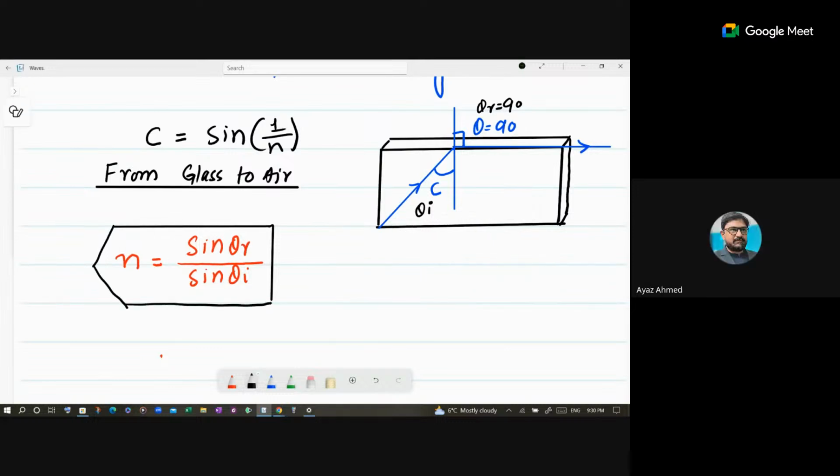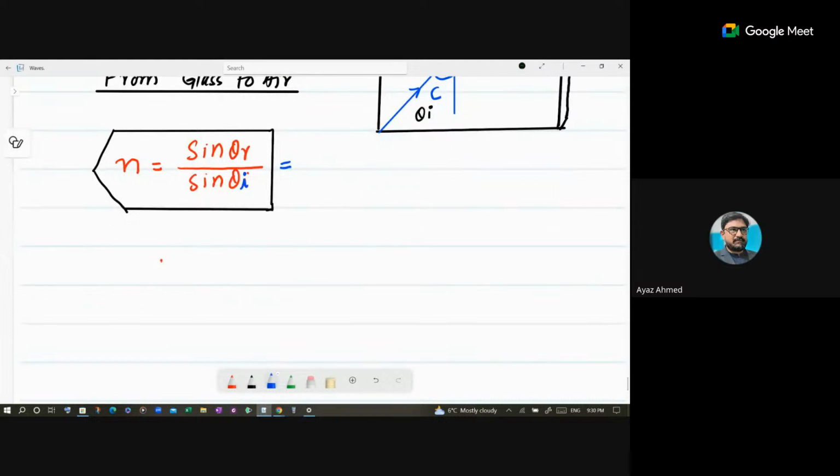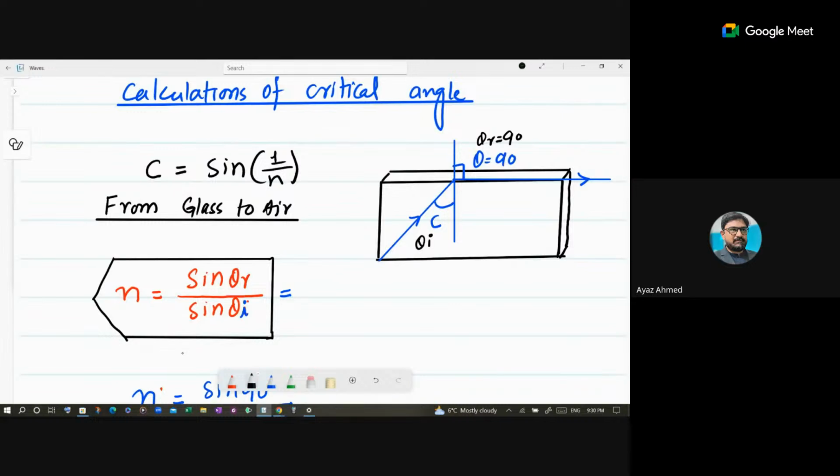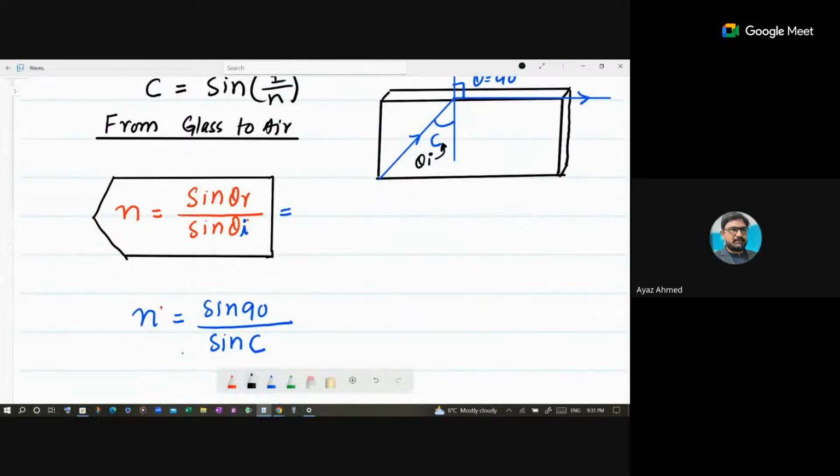Light normally enters from air to glass, so we use sine I by sine R. But here it is flipped, so it would be sine R by sine I. So if I say this is N and R is 90 degrees, and this angle of incidence I is your critical angle, can I put these values? What is the value of sine 90?